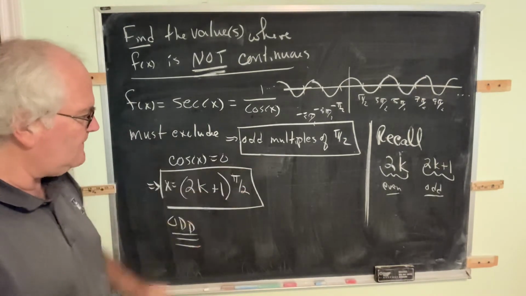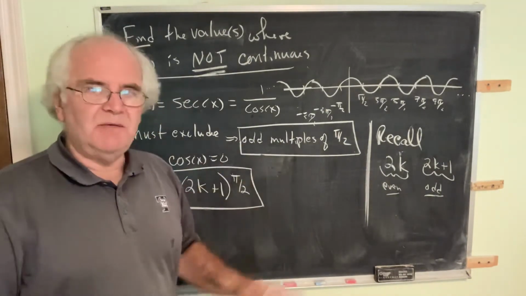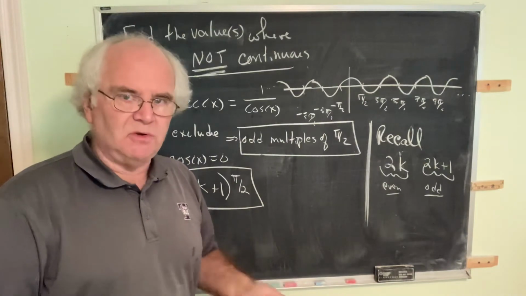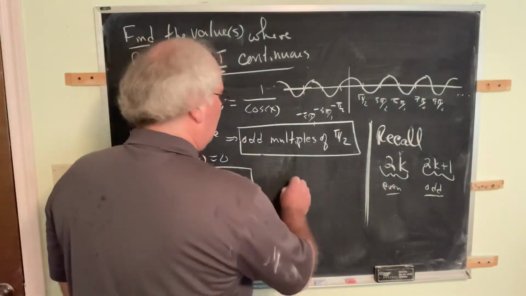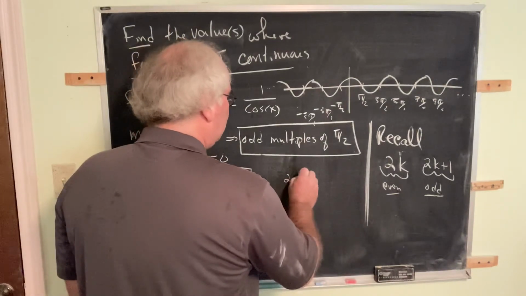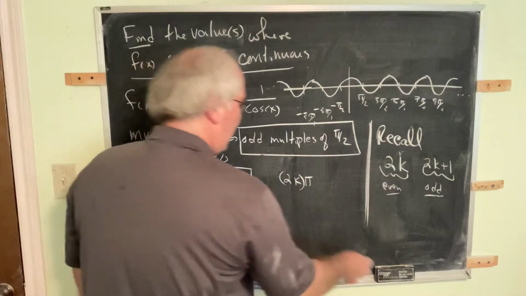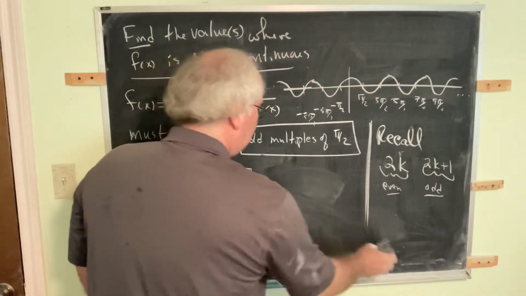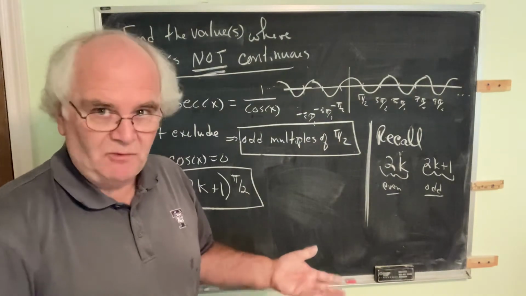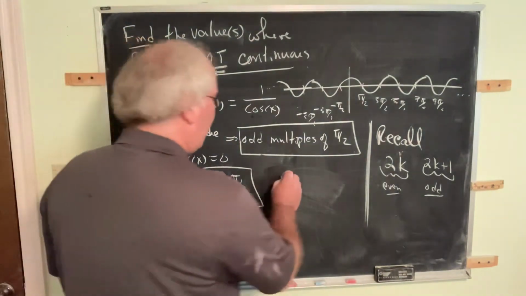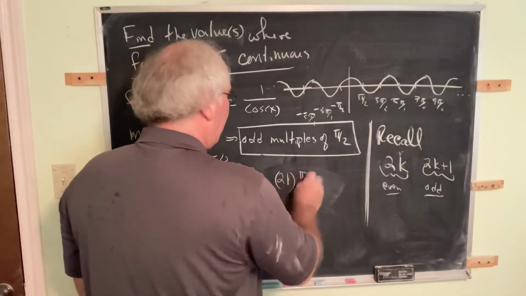These are equivalent. Suppose we wanted, we don't in this case, all the even multiples of pi, then that would be 2 times k times pi. If I want even multiples of pi over 2, I don't know why you'd want that, but that would be 2k times pi over 2.